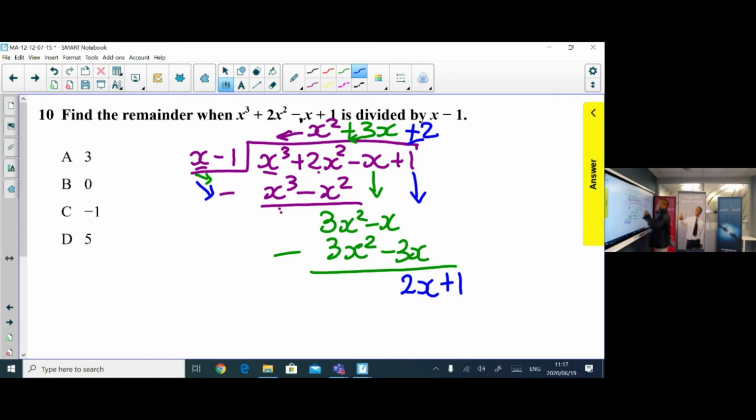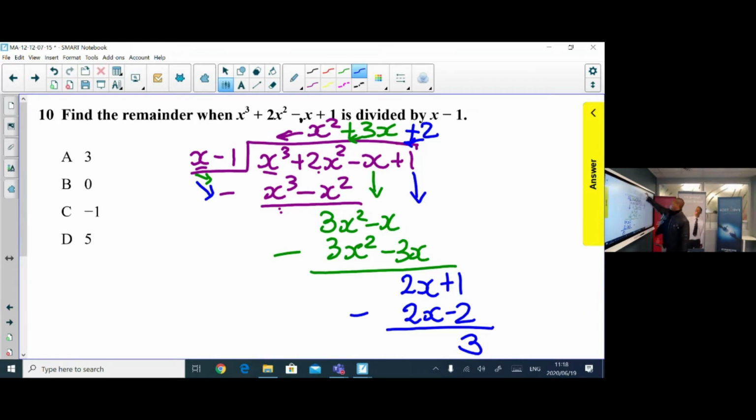And then we multiply that 2 with the x minus 1, and we get 2x minus 2. Okay. So this, when we subtract, will eventually give us 3, because that will be 1 minus minus 2.